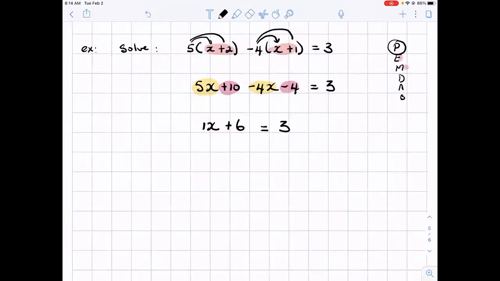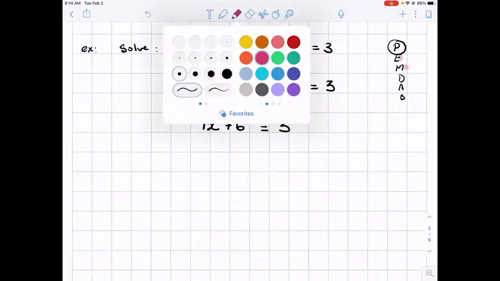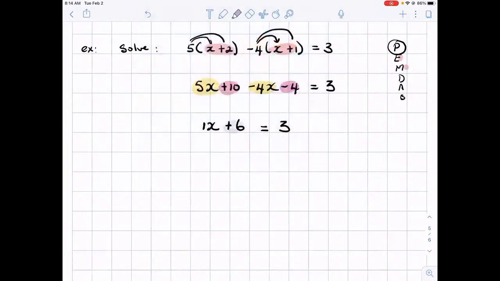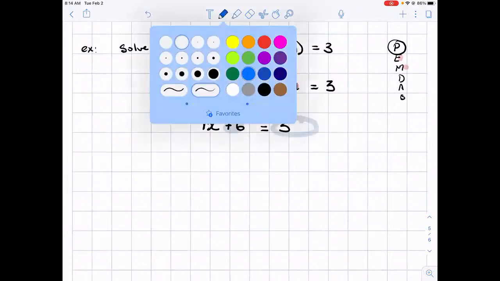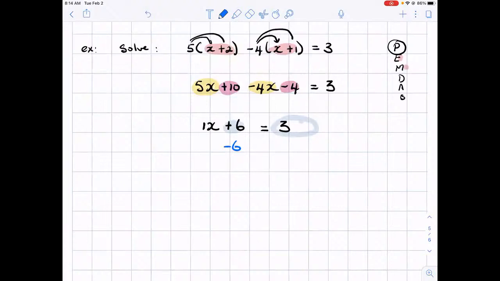Now we want to move the 6. Okay, we want to move the plus 6. We're going to take it across the equal sign to this side here. So what do we do? We minus 6 on both sides. And if you minus 6, we end up with, we don't have to write the 1, x plus 6 minus 6 becomes 0. And that is equal to plus 3 minus 6 becomes negative 3. Okay?